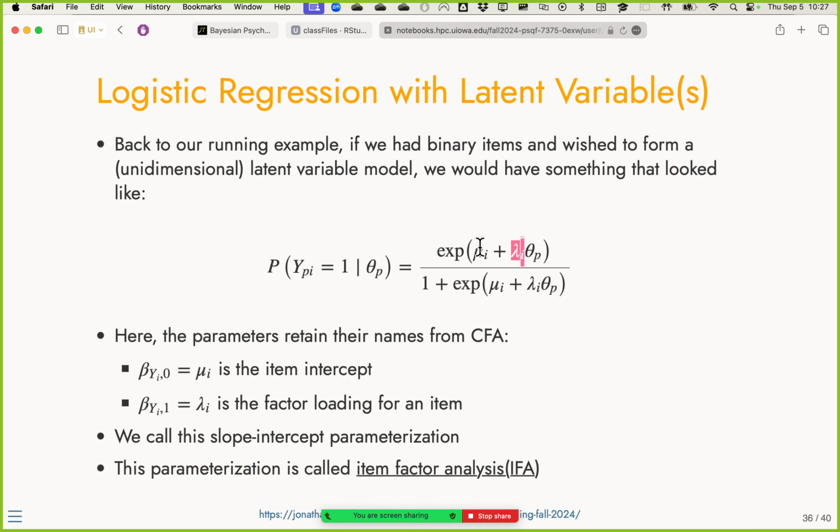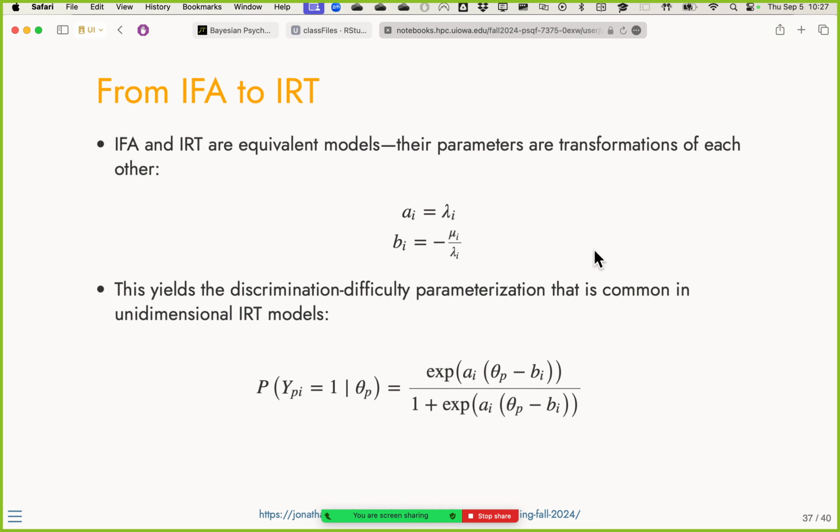IRT models may look like this, particularly in other parts of the social sciences, psychology in particular. But they start to look like this in education. This is one of the features I mentioned in our last class, where psychometrics evolved in different fields in parallel. In education, this was the core of the two-parameter normal ogive model, 1950, and the two-parameter logistic model, 1967.